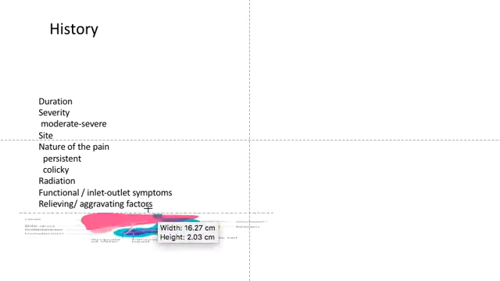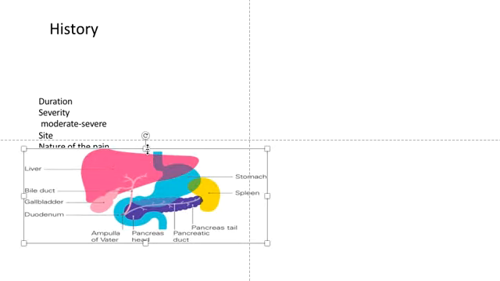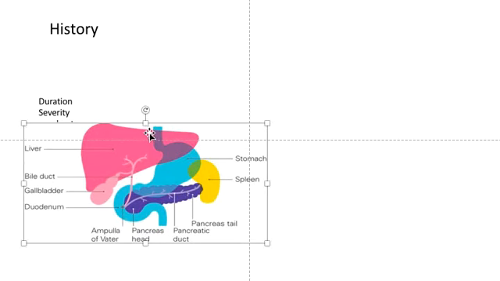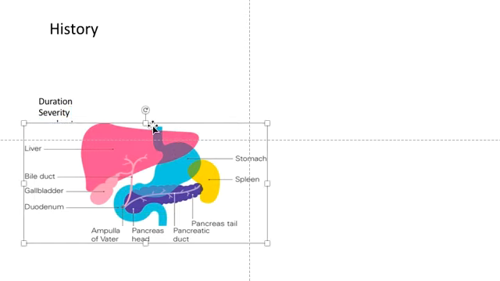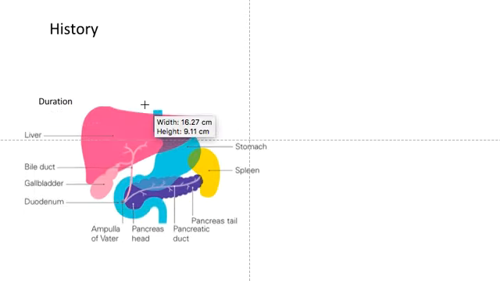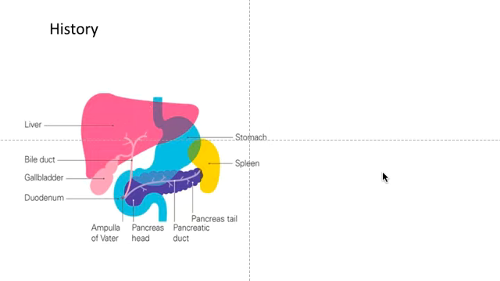With this quick analysis, the main aim should be to find the organ involved and the type of pathology. For the organ involved, as I said, the site, functional disturbances and inlet outlet symptoms will help. For the pathology, you will find it from the other characteristics of pain.